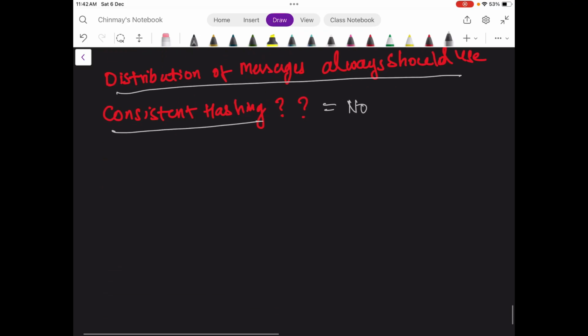Okay, take the use case. We have rules. We need to execute these rules in 3 different servers: node 1, node 2 and node 3.